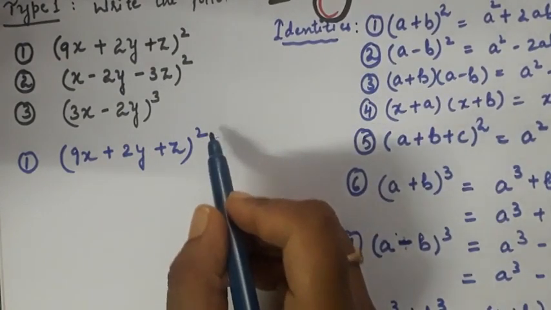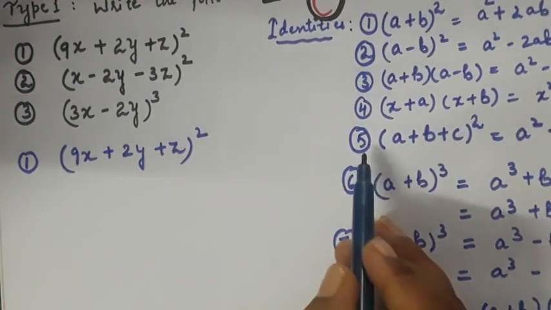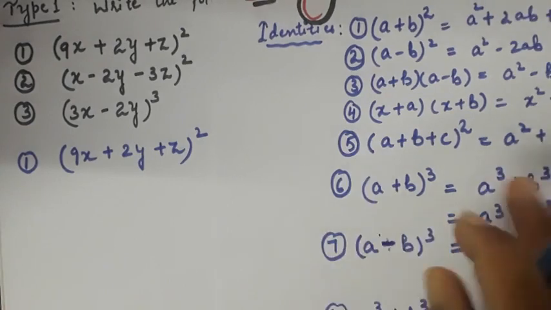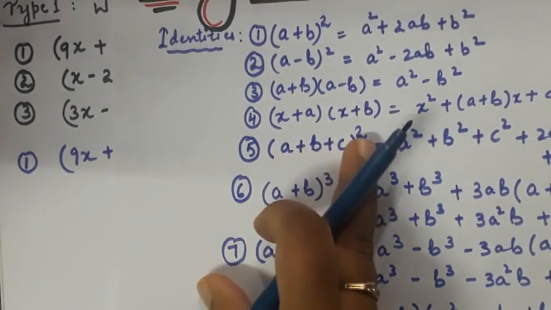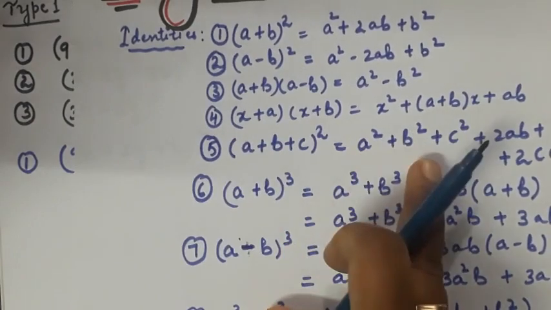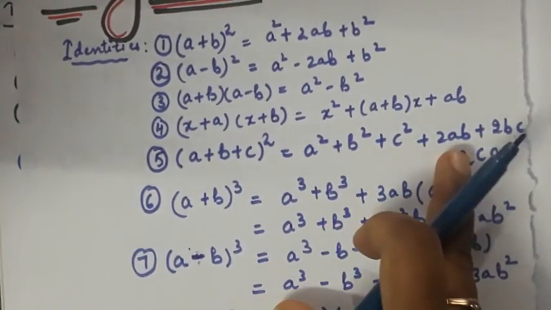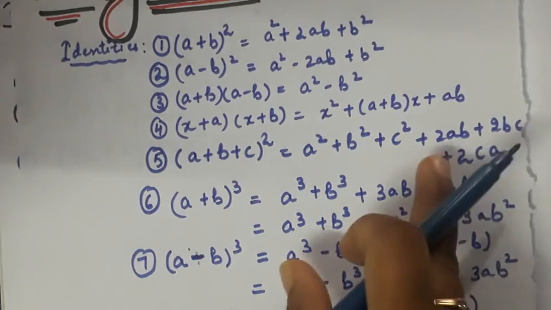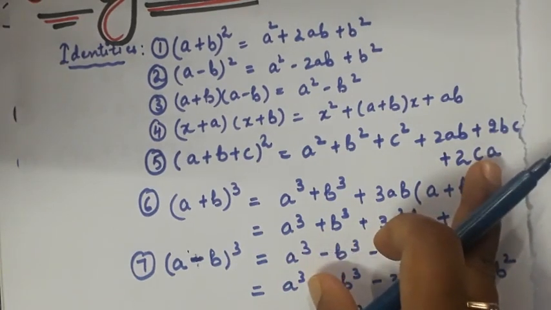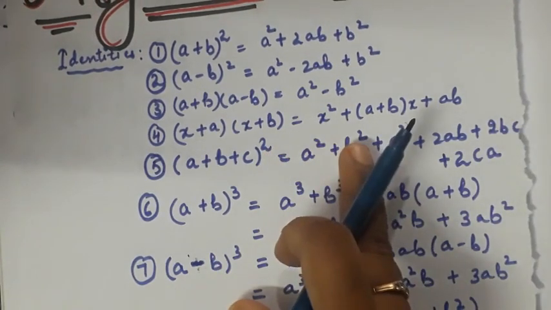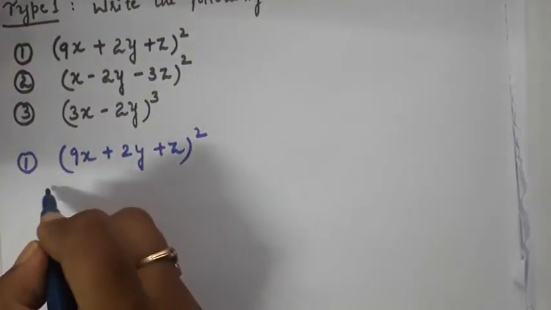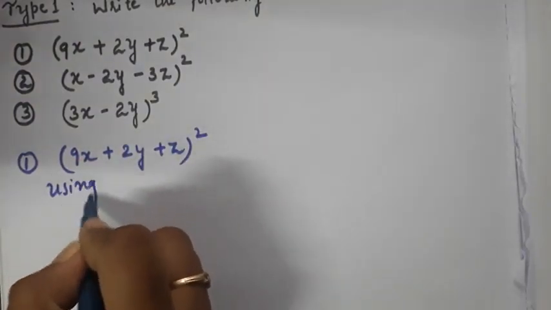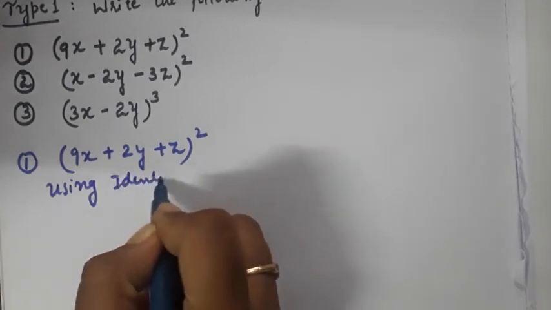So it relates to the fifth identity, which is a plus b plus c whole square is equal to a square plus b square plus c square plus 2ab plus 2bc plus 2ca. So we will use this identity to find its expanded form. So I'll write here using identity.